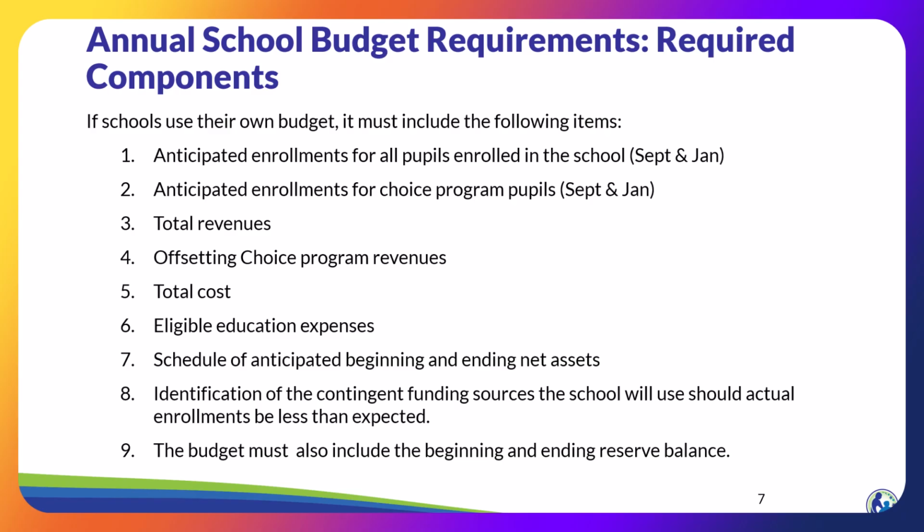For example, if the school identifies that its line of credit will be used as contingency funding but anticipates fully using the line of credit for 2 months during the year, then the line of credit would not be a sufficient source of contingency funding.